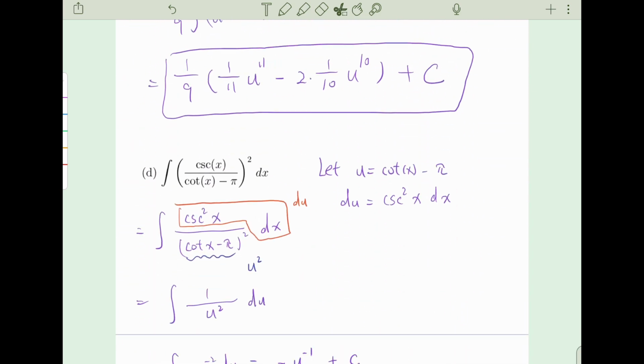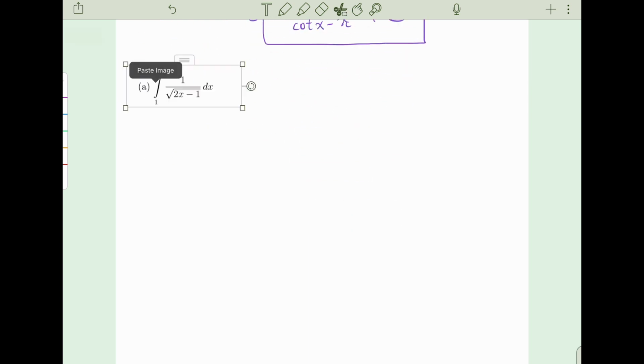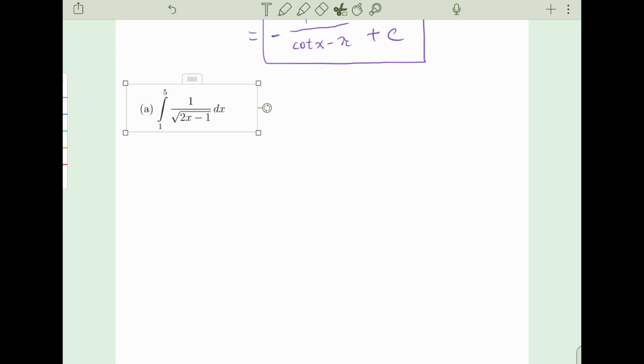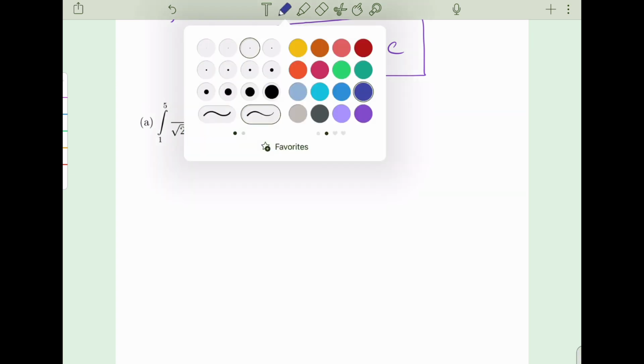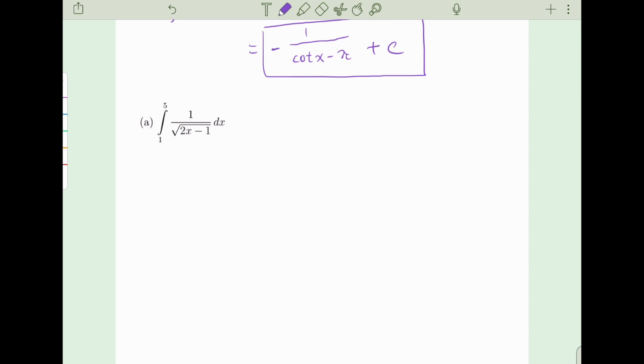They should not be so difficult. If you're comfortable with question 3, you should be comfortable with question 4, because they are pretty much the same stuff except for plugging in the lower bound and upper bound. So for this expression, the 2x minus 1 inside the square root is difficult to work with, so we will try letting u be equal to 2x minus 1.